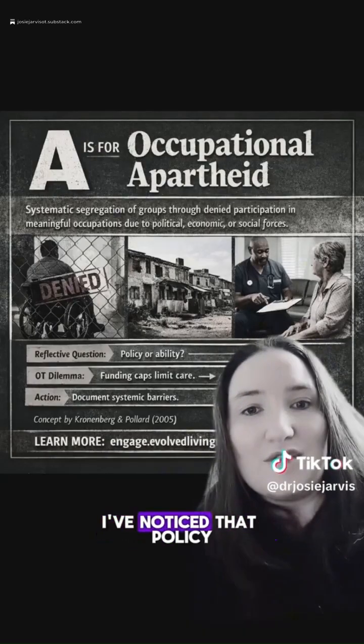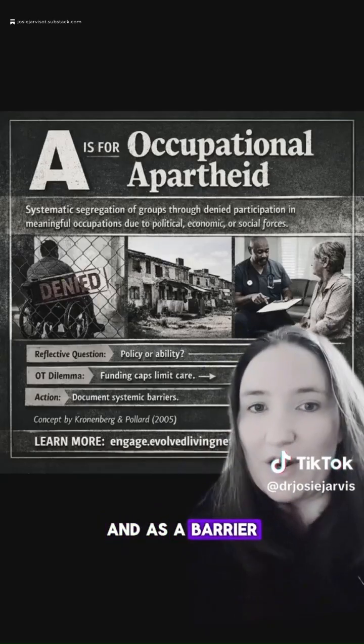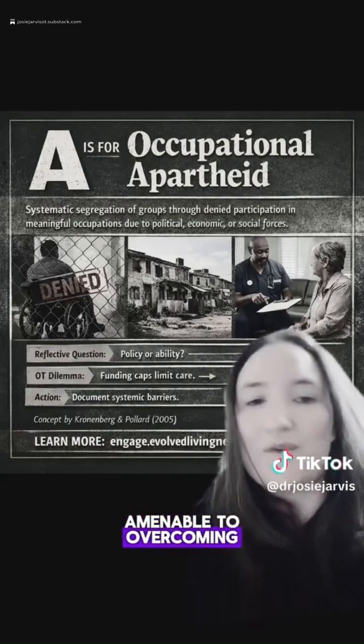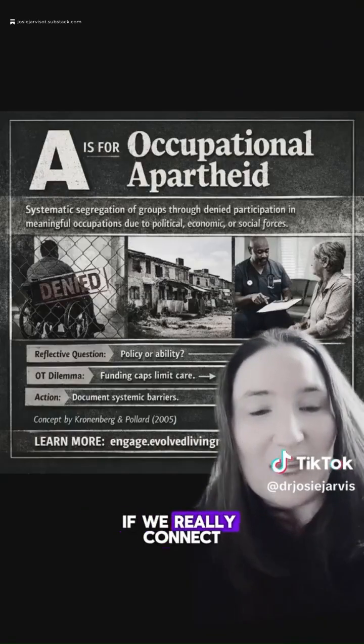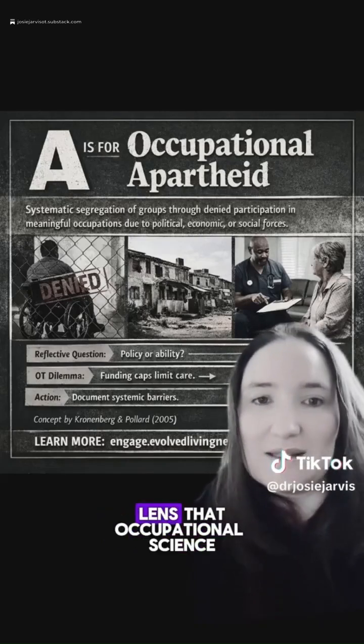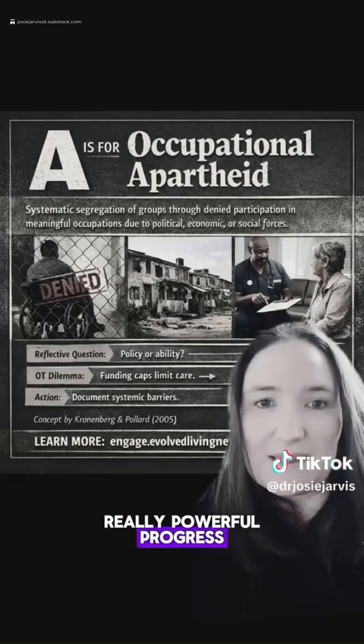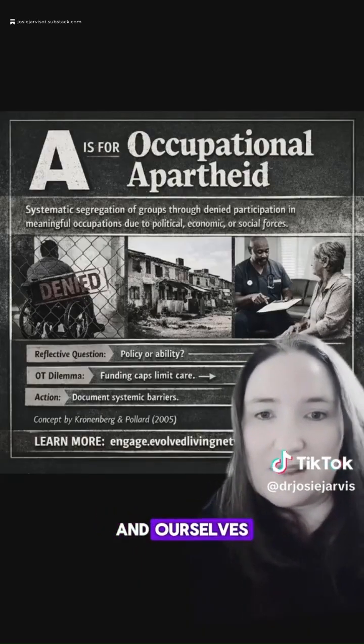Normally in the United States, I've noticed that policy can be something that is viewed as fixed and as a barrier and not something that's amenable to overcoming. But this is something that, if we really connect to occupational therapy's roots and are empowered by the lens that occupational science offers us, we can actually make really powerful progress in supporting our clients and ourselves.